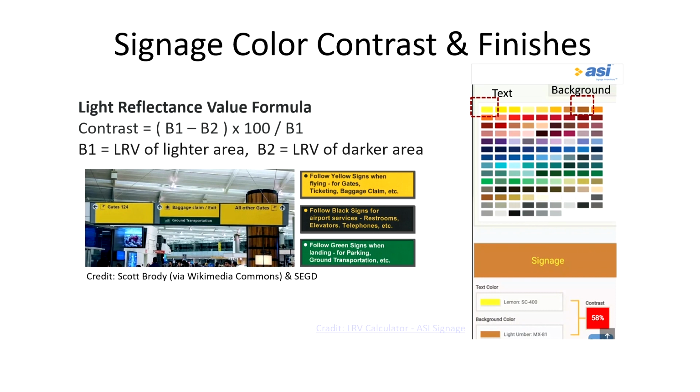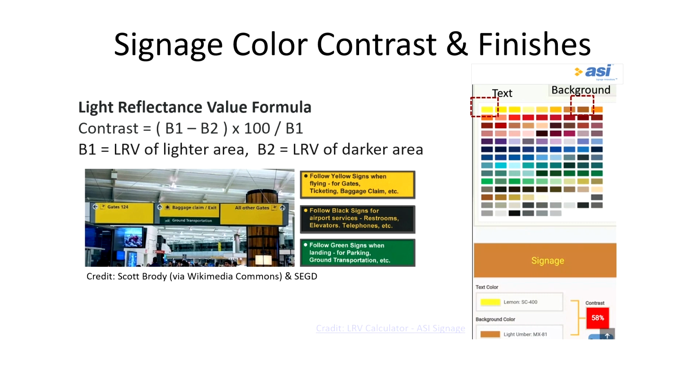There are various tools in the market which you can use for identifying the contrast of the background to the text used. I am using one here which is ASI signages. You can even Google it and do it by yourself.